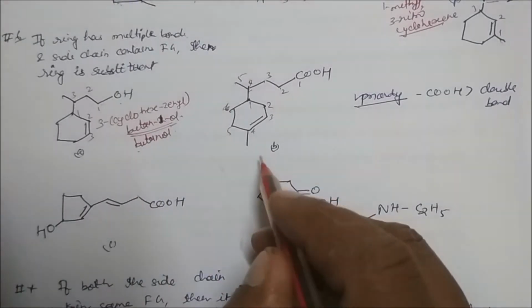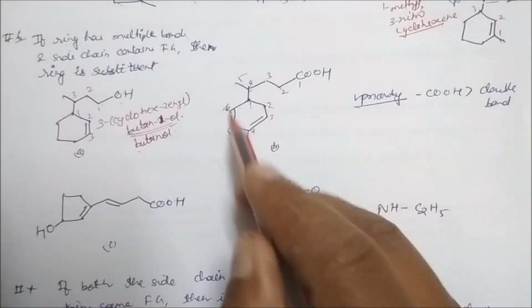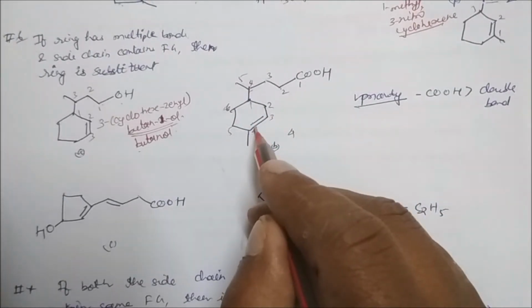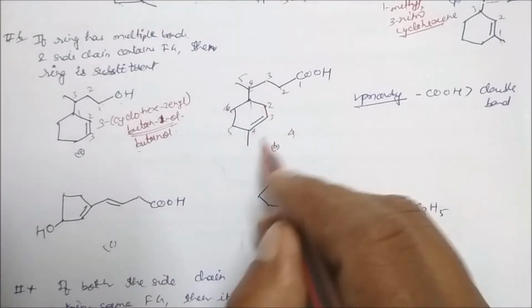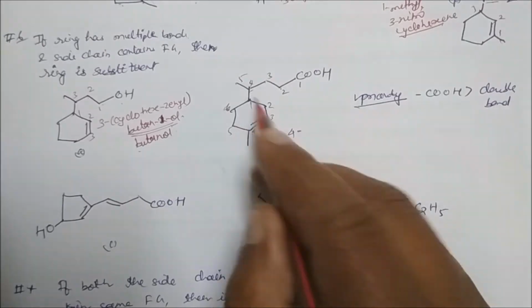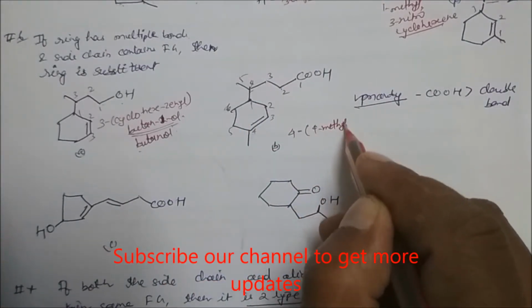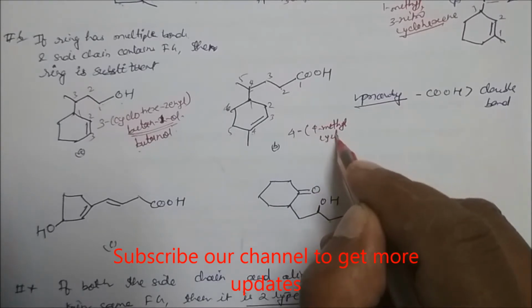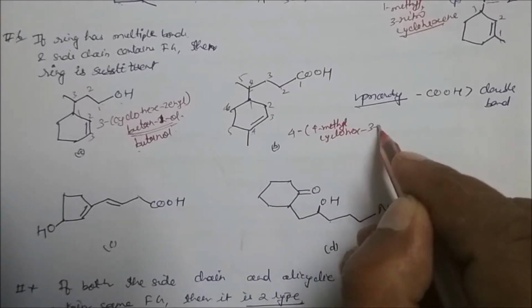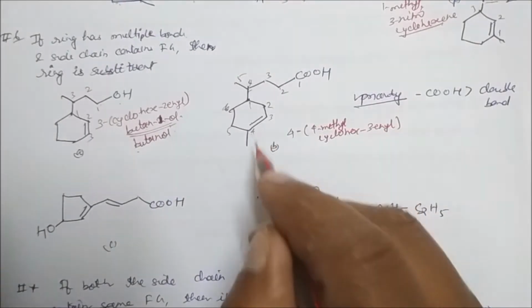Now here, in B, we can see the carboxylic group is given more priority over the double bond, so this becomes a substituent. So we can write 4 here. We can see the 4 position has a methyl group, so we'll make this a complex substituent. So it is 4-dash, because the fourth carbon has this substituent. So 4-methyl, and next is cyclohex, then 3-enyl. Why 3-enyl is very clear, because the double bond is present at the third carbon.